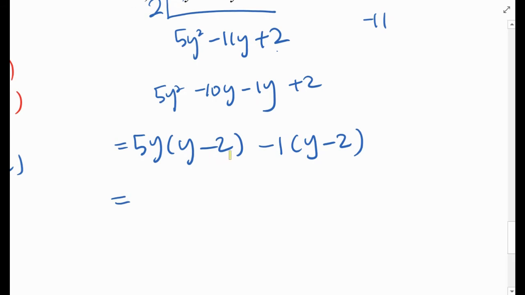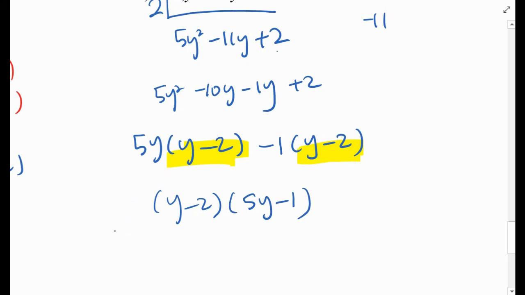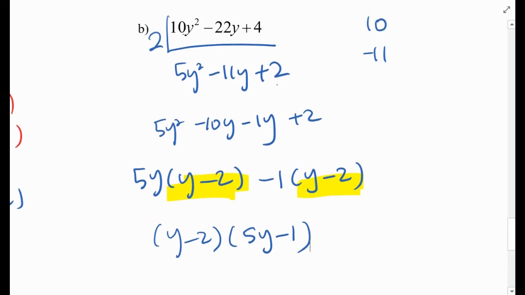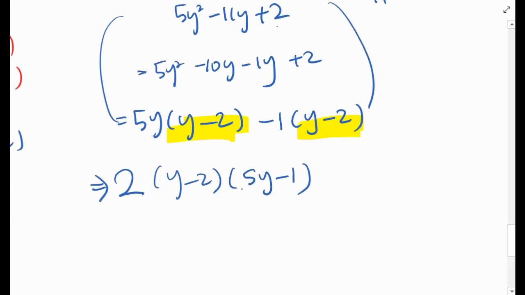And this is the common factor, so we're factoring out. Okay, but we're not done yet because we factored out 2 in the beginning. So I am going to write 2 here. So this is the answer. So up to here, they are the same, and you have to multiply 2 here. Okay?